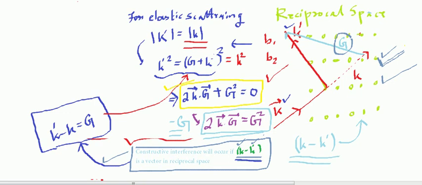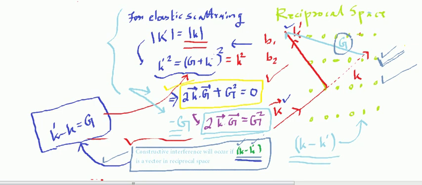Now to convince you that this formula, 2 k dot g equals g square, is nothing but Bragg's diffraction law, that is 2d sine theta equals n lambda, my plan is to derive Bragg's law from this. Remember what we are doing: we are studying the entire diffraction in the reciprocal space, and the entire diffraction formula is nothing but subtraction of vectors, dot products of vectors and squares of vectors.